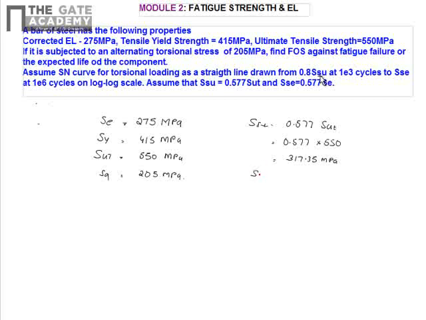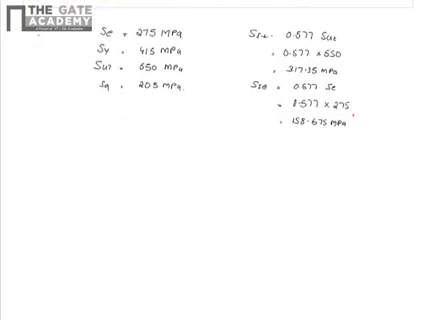And the next point is SSE, that is given as 0.577 times SE, that is nothing but 0.577 times 275 megapascal, that is nothing but 158.675 megapascal. Now with this data, we will try to draw the SN curve for this problem.